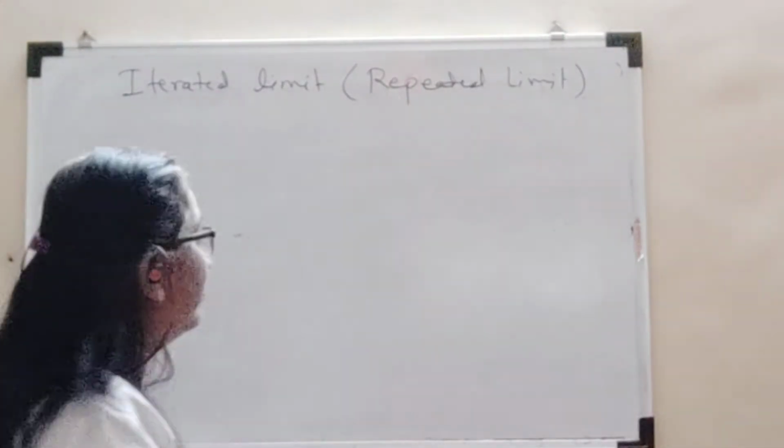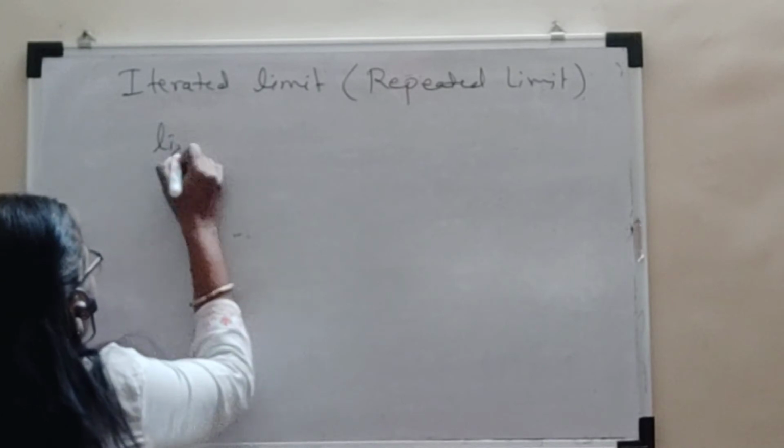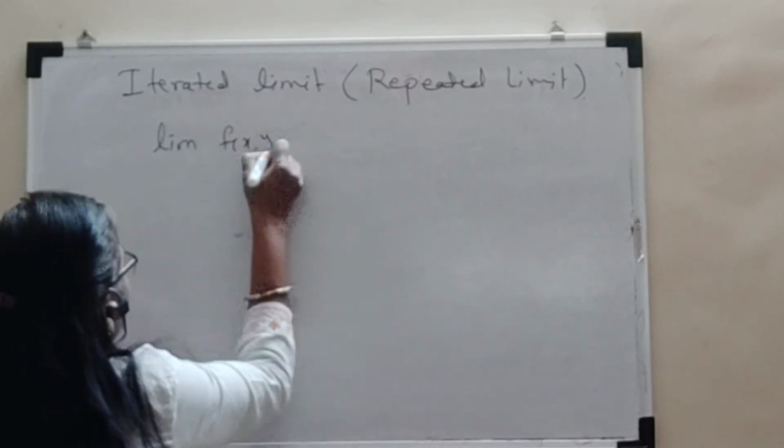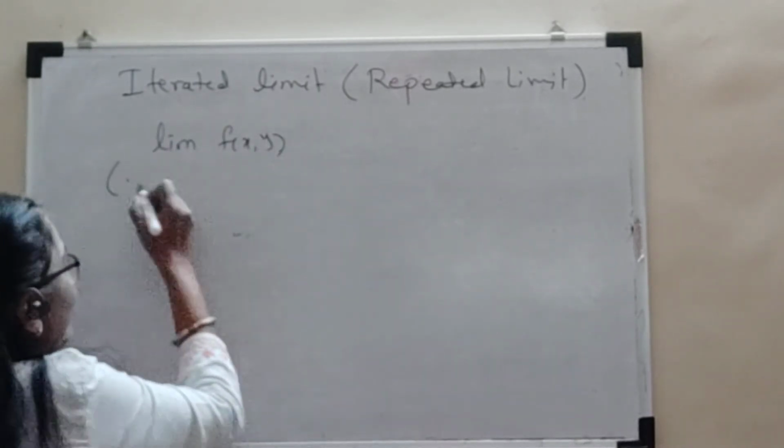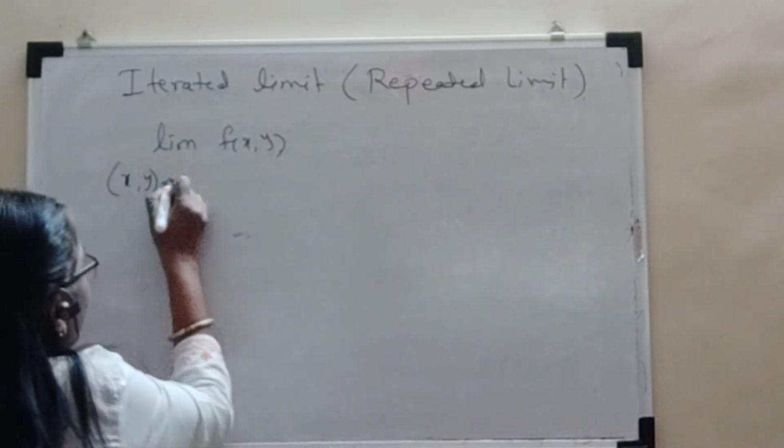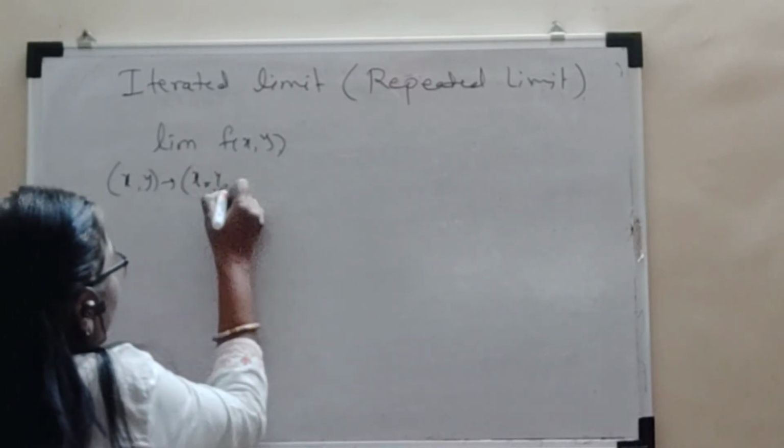In the simultaneous limit, we take the limit of f of x, y when both x and y simultaneously tend to x0, y0.